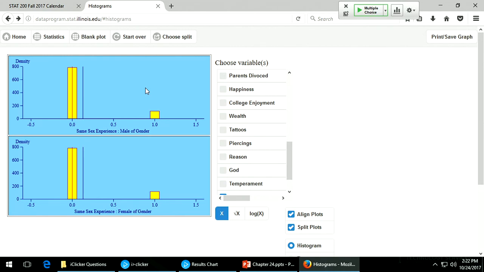So we could do a chi-square test for independence here, like you did in Stat 100, whether or not you have had a same-sex experience is independent of your ethnicity. In other words, knowing your ethnicity, does that help you? Or you could do a 2-sample Z for the gender. But we wouldn't be using ANOVA here.